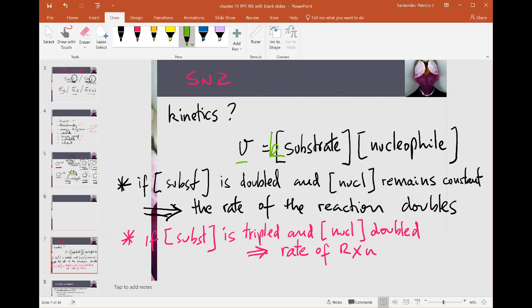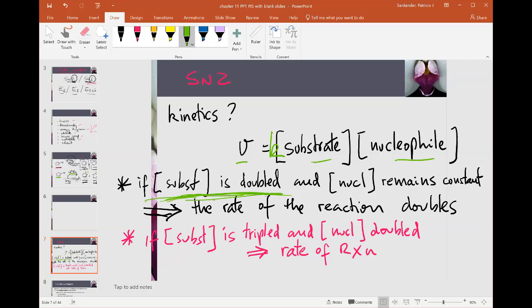I didn't put the constant there, the constant times the concentration of the substrate and the concentration of the nucleophile. And that will have some important consequences when I change the concentration of any of the reactants. For instance, if I double the concentration of the substrate, what is going to happen with the overall rate of the reaction?